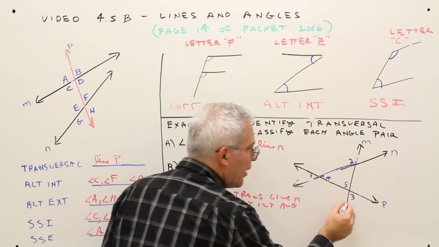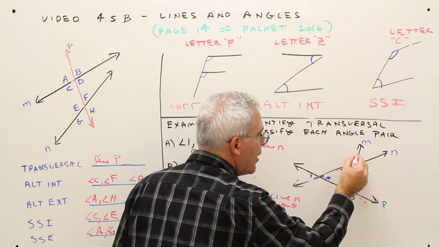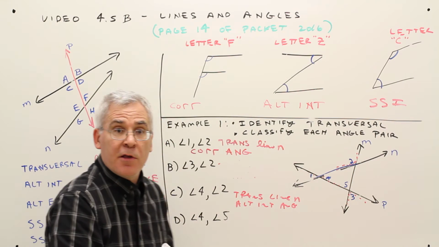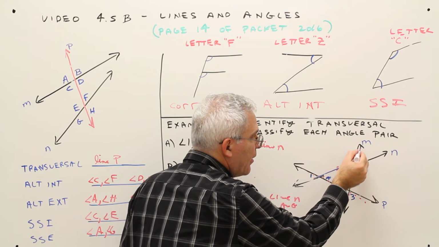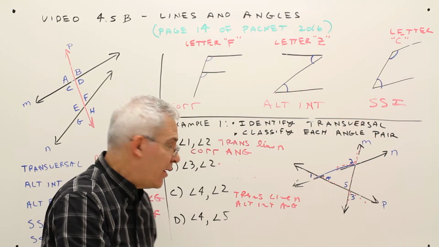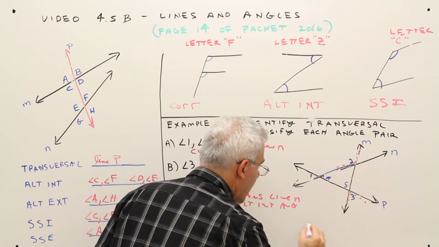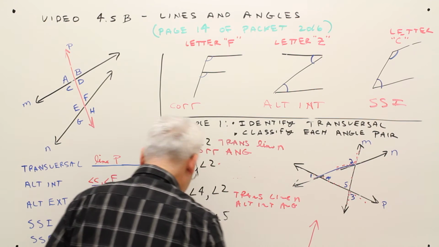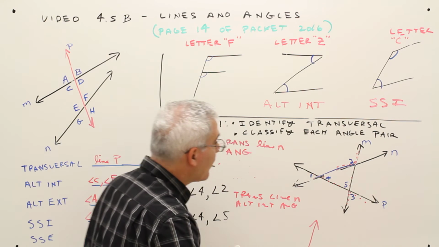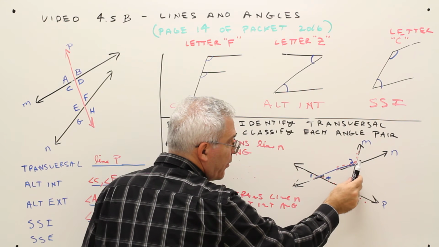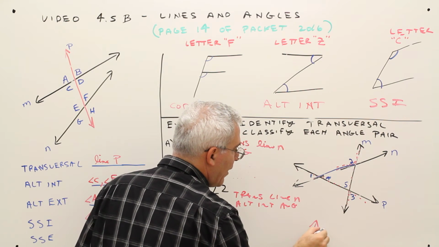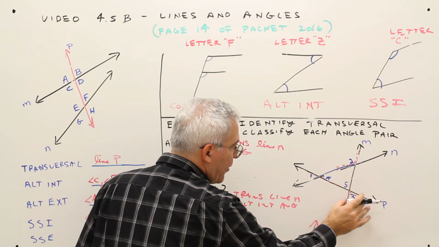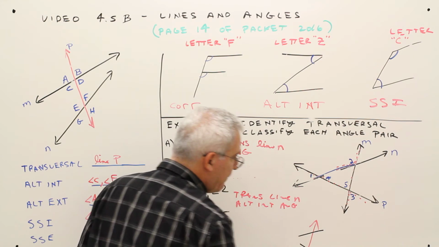So 3 and 2, I'll outline those. That's 3, that's 2. Something they have in common is this one right here. So that'll be my transversal. I'll just draw that right here. And then the lines, and I'm not going to make them connect. The other lines for 3 and 2. So 2 had a line like that, and 3 had a line like that.